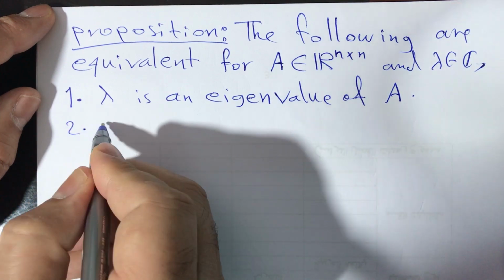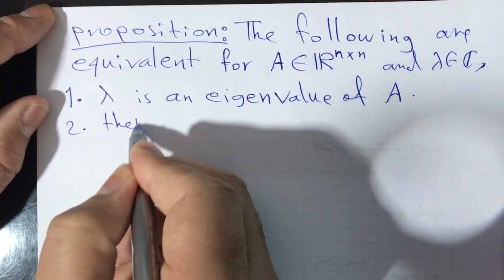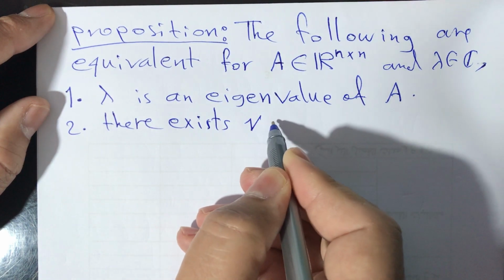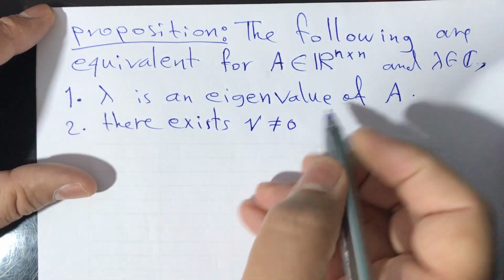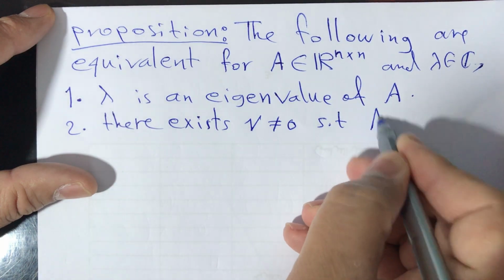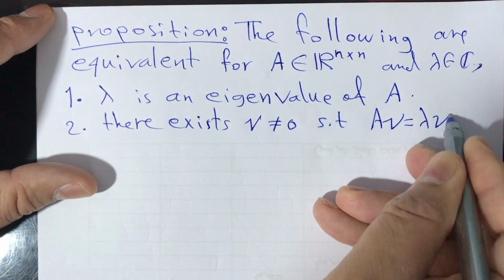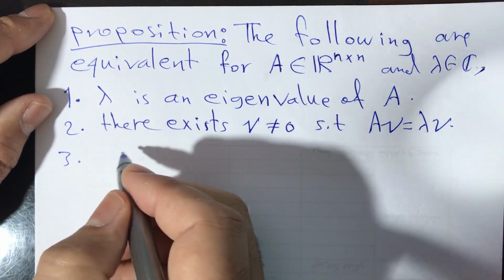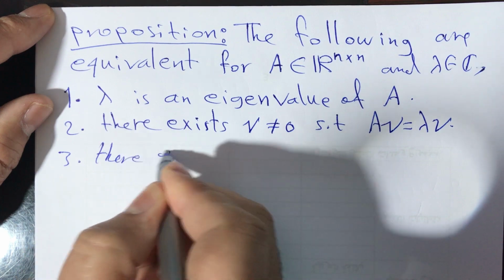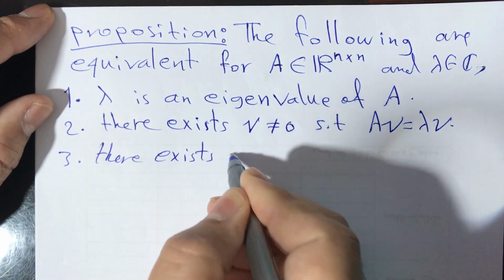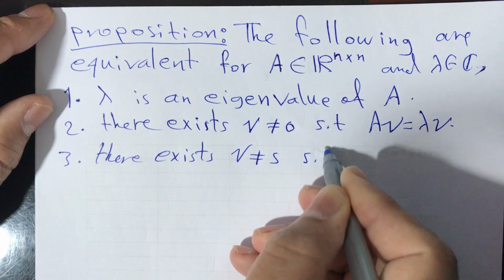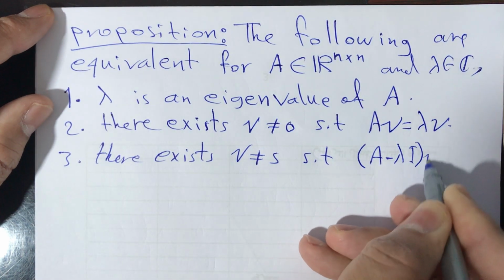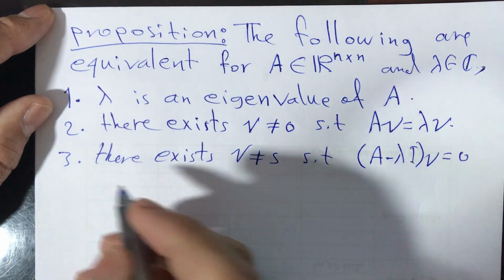Number 2: There exists v not equal to 0 such that Av equals lambda v. Number 3: There exists v not equal to 0 such that (A minus lambda I) times v equals 0.